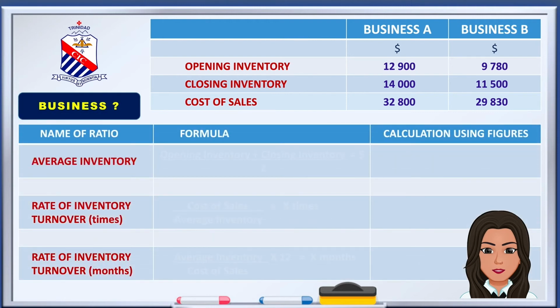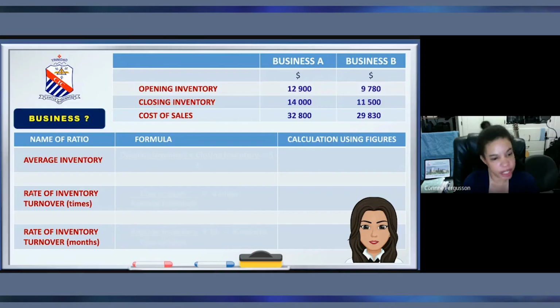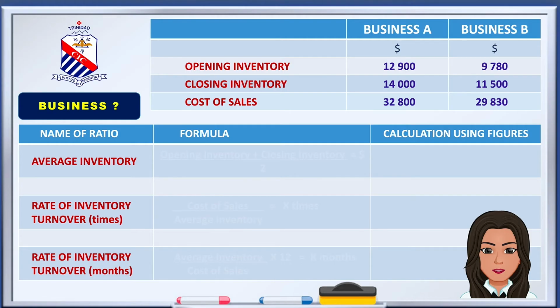For each business, you have 3 ratios that you're going to have to work out, because to work out your rate of inventory turnover for both of them, you still need to work out your average inventory first. So you can write it, work out your average inventory, put your formula in words, and then put your calculations. Then you will go to your rate of inventory turnover in terms of times.